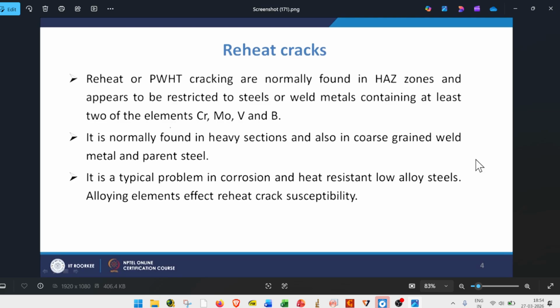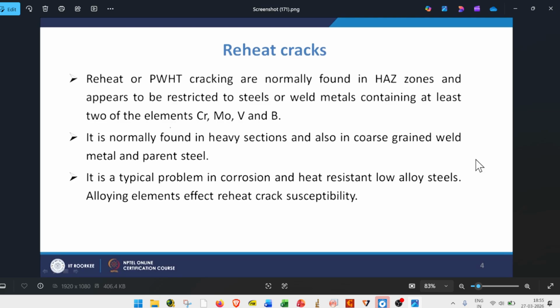Once we do post weld heat treatment, these alloy contents are highly prone to the formation of carbides. Carbides are generally brittle and occupy the grain boundary region, which acts as a starting point of cracks.